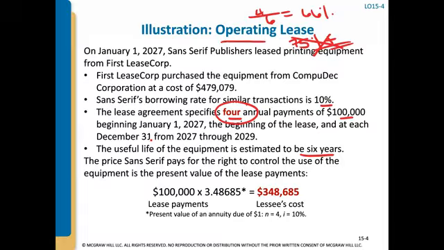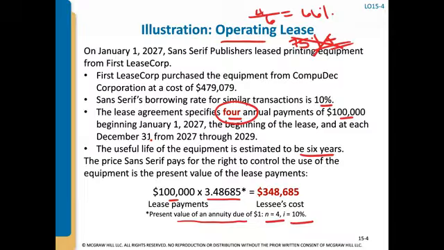The price Sans Serif pays for the right to control the use of the equipment is the present value of the lease payments. So we have $100,000 lease payments, and we use the present value table of an annuity due with the number of periods equals 4 and interest equals 10%, and our present value factor is 3.48685.